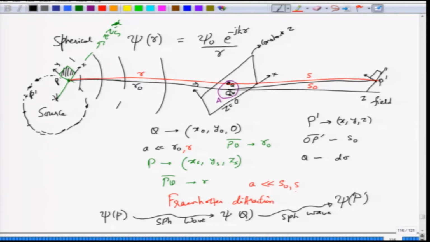For example, if this is my other source, then from P to Q the direction of this line will be different from the direction of this one. So, you can clearly see that these directions are different, and this factor in both source to the aperture and aperture to the observation plane has been neglected, and this is called neglecting the obliquity factor. Okay. The fact that source and fields could be oriented in different directions is being neglected.